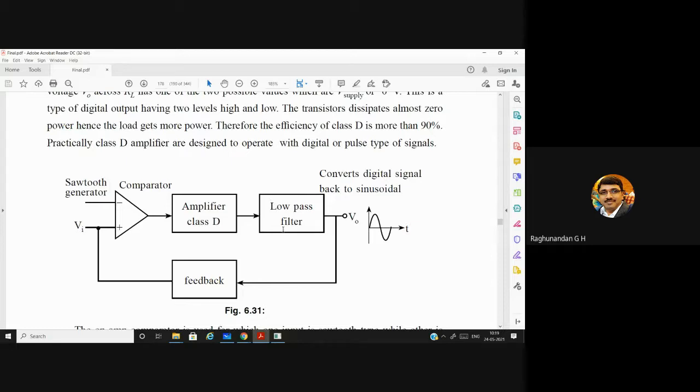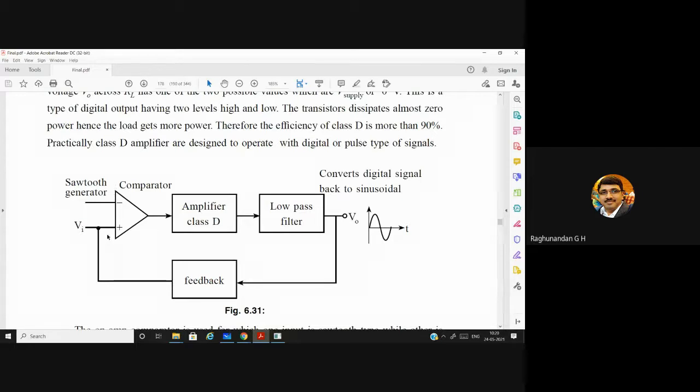So by properly designing the resistor and capacitor values, we can convert that digital signal to a sinusoidal signal, and finally we are going to obtain a sinusoidal signal. The obtained sinusoidal signal will be acting as a feedback to the next input.